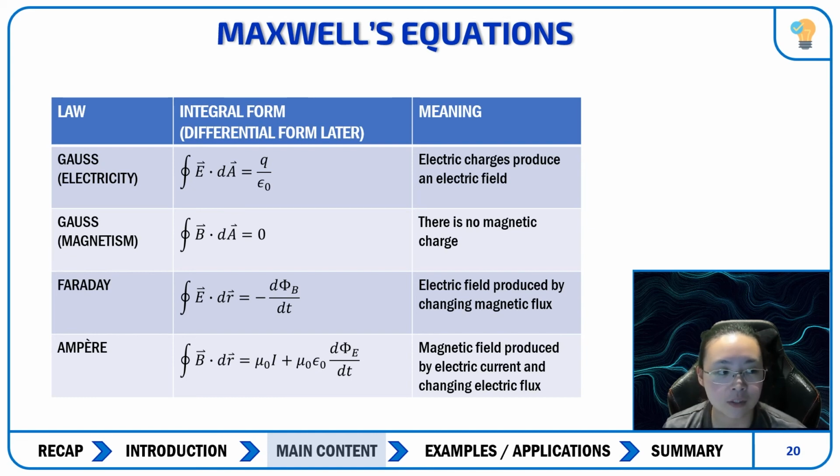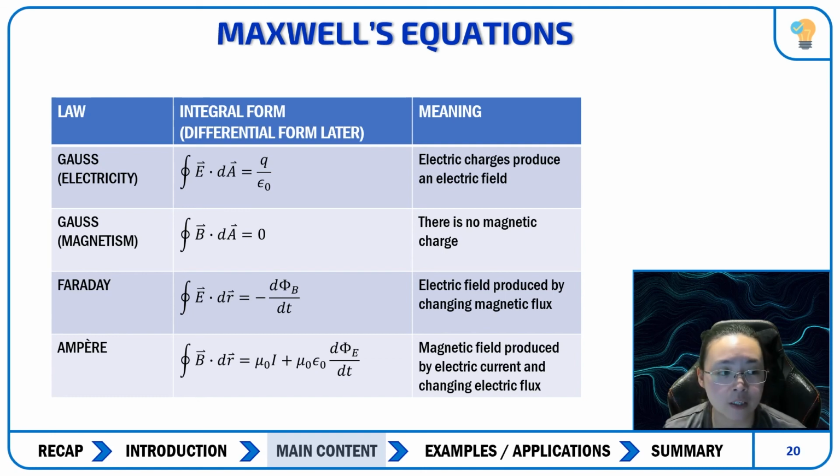So it shows that the flow of electric current is going to produce a magnetic field. And if the current flow is going to vary with time, the magnetic field is going to give rise to an electric field.